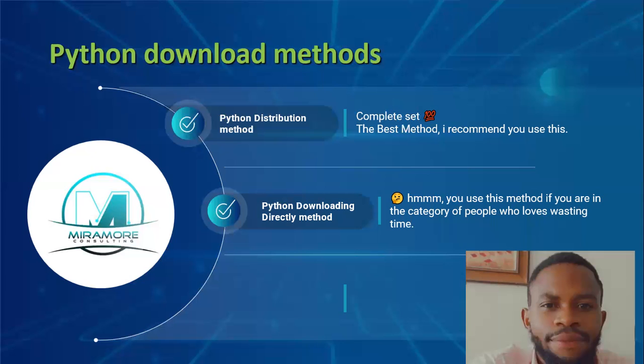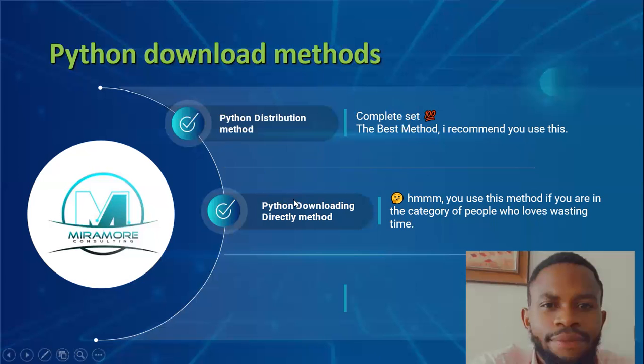Now, this library has to be imported into the Python application. It matters how they come together, because if you use the Python distribution method, you don't need to start looking for a way to install those libraries one after the other. No, you don't do that.